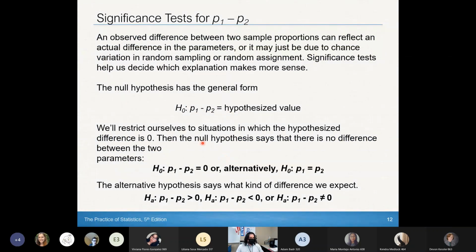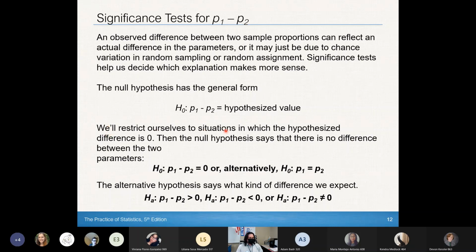That leads us to our significance test for P1 minus P2, Chapter 9. An observed difference between two sample proportions can reflect an actual difference in the parameters, or it may just be due to chance variation in random sampling or random assignment. Significance tests help us decide which explanation makes more sense. The null hypothesis has the general form, H naught such that P1 minus P2 equals the hypothesized value.